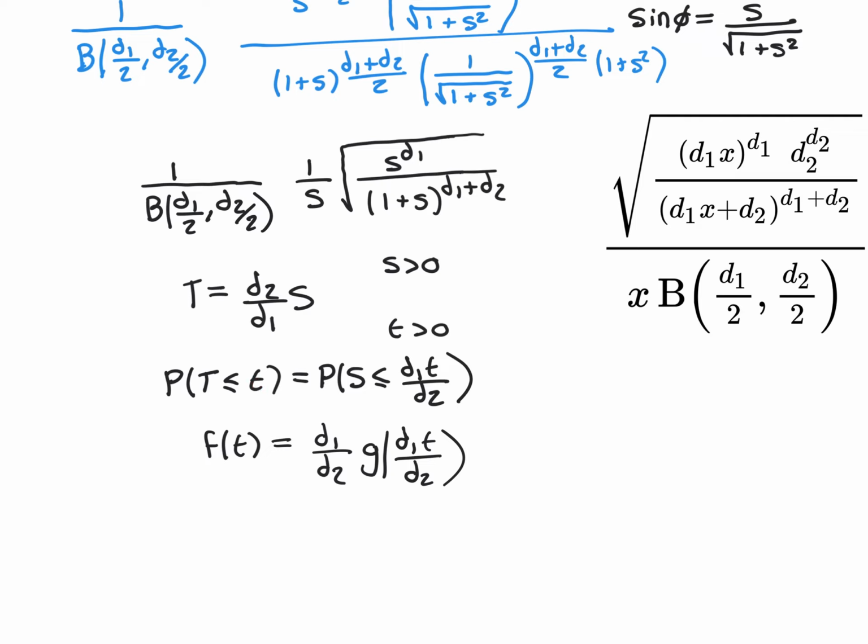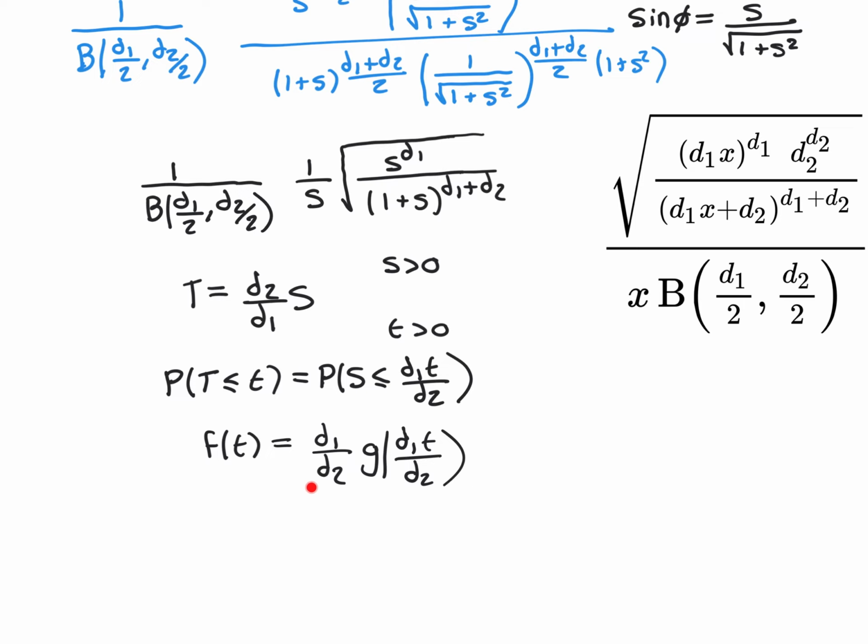Now, this is the CDF for the random variable big T, so we want to differentiate this. We'll call its PDF f of little t, and we'll call the PDF of this s random variable g of little s. Differentiate this with respect to t, and it will go back to the PDF evaluated at d1 t over d2, times, of course, the derivative of the thing inside with respect to t, which is d1 over d2.